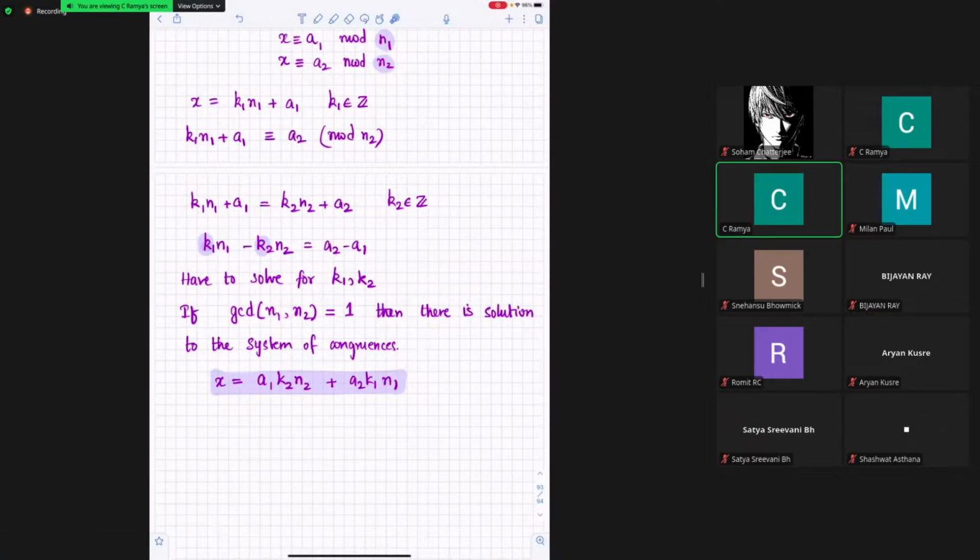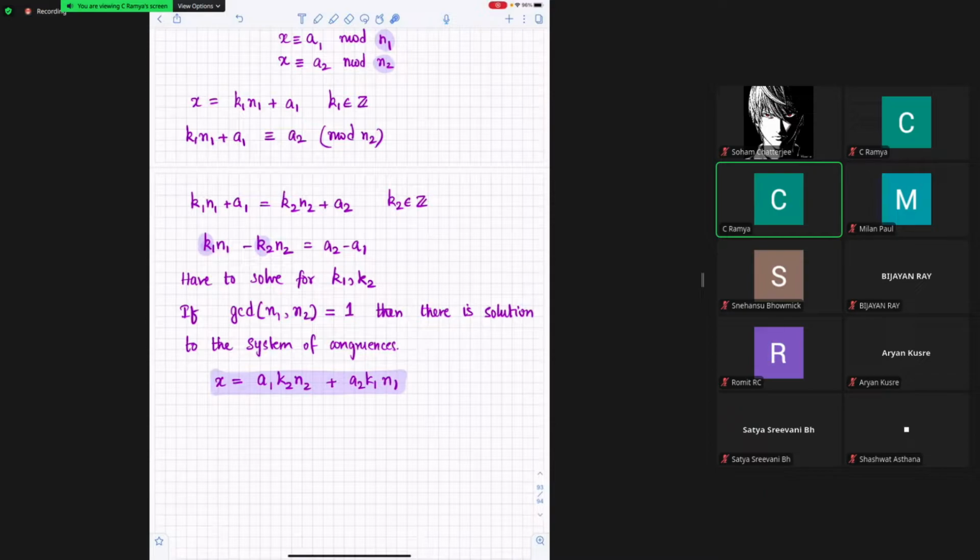We can see that the remainders are as you require them. So the moment you are given these two congruences, if you know that N1 and N2 are relatively prime, then you can spit out the solution. Okay, is this clear?